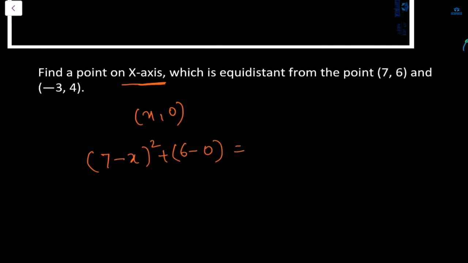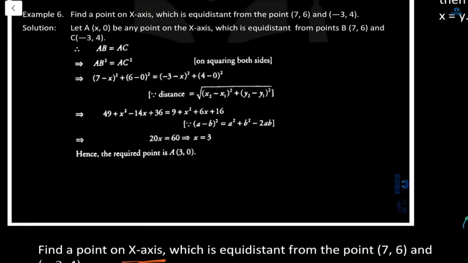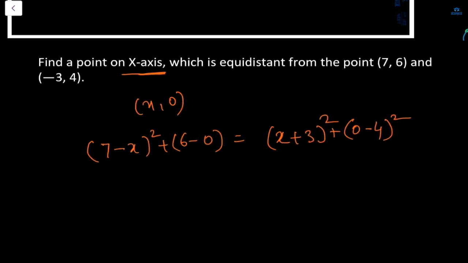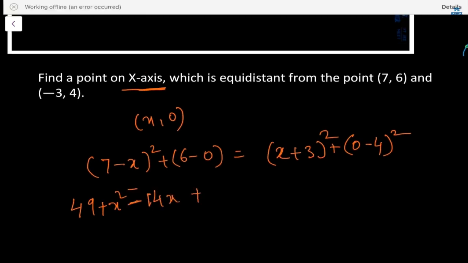You can just simply write here x plus 3. The answer is coming in fraction. Yes, ma'am, it's 5 by 3. Let me check. 49 plus x square minus 14x plus 36 is equal to x square plus 9 plus 6x.